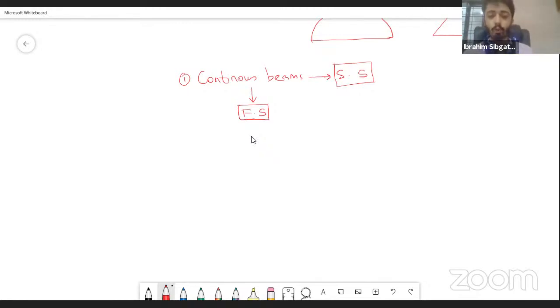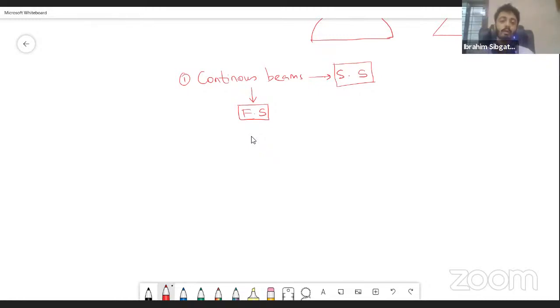Now coming to step two, we will be calculating the moments, but not over the span, but over the supports. And how do we calculate that? We will calculate the support moments using the Clapeyron's theorem of three moments. Once we are done finding that out, we will then move on to calculate the support reactions.